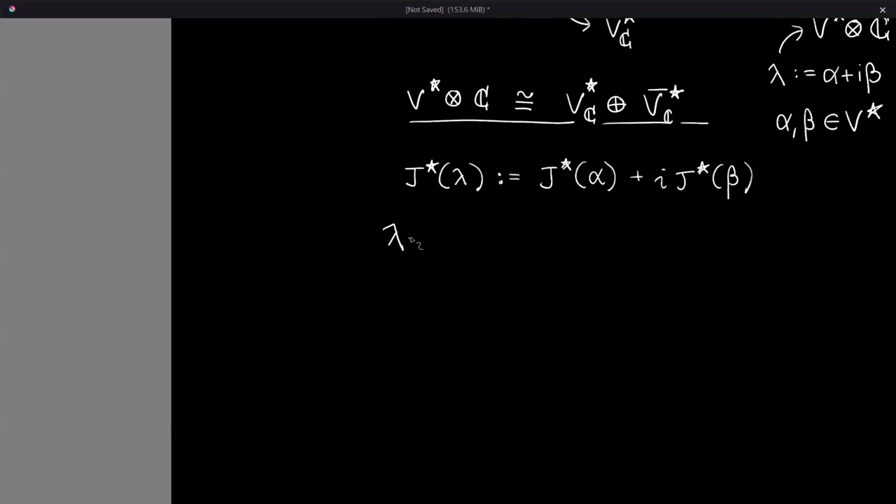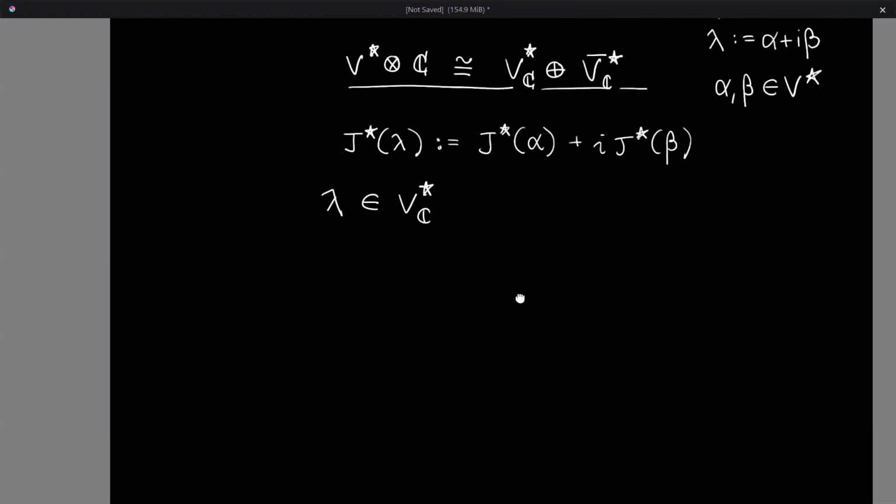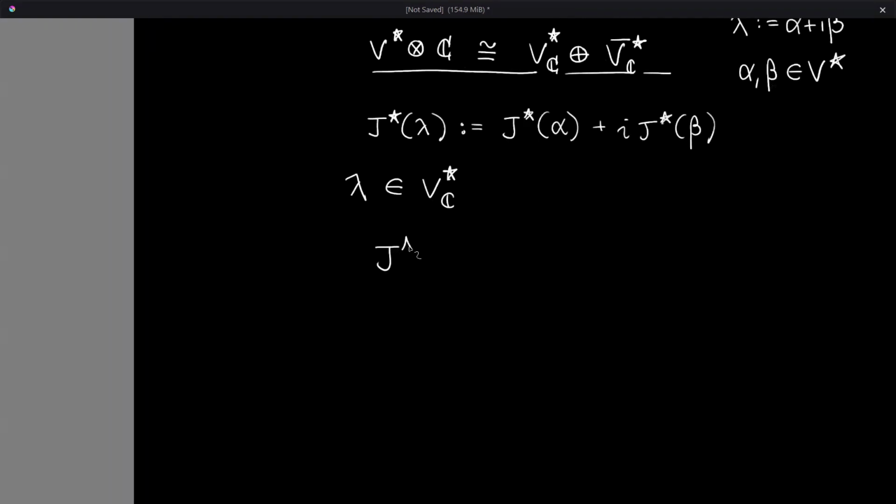We're going to say that lambda is an element of VC star. That means that J star of lambda is equal to I lambda.